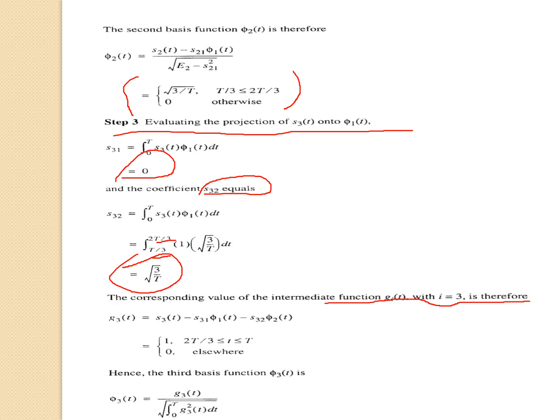So we get g3 of t equal to s3 of t minus s31 phi 1 of t minus s32 phi 2 of t. The final output is 1 when 2T by 3 is less than t less than T, and 0 elsewhere. The third basis function phi 3 is g3 of t divided by the root of the integral from 0 to T of g3 squared of t dt.